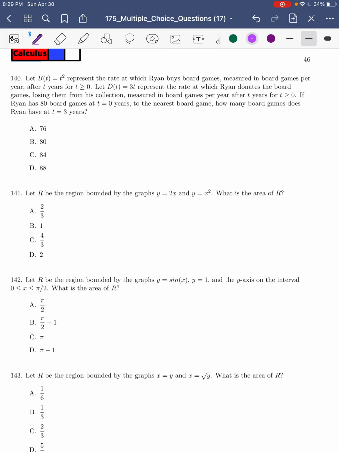And we want to know how many he'll have after 3 years. So the fact is he has 80 to begin with. So we're going to start with an 80 minus the change from 0 to 3. And it's going to be his amount he bought minus the amount he donates.